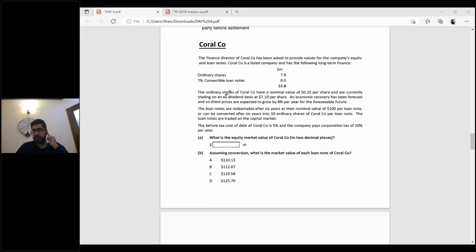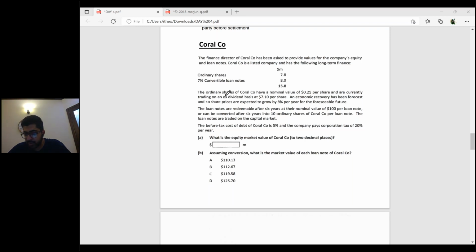So let's start. The question states, the finance director of Coral Company has been asked to provide values for the company's equity and loan notes.